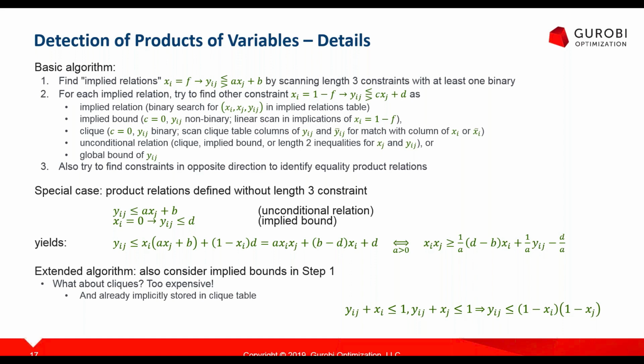We could also start with our cliques, because they also define length 2 relations between variables. But this we don't do, because in a clique table, each clique represents a quadratic number of such length 2 implications. So that would be way too many in practice to make it efficient.